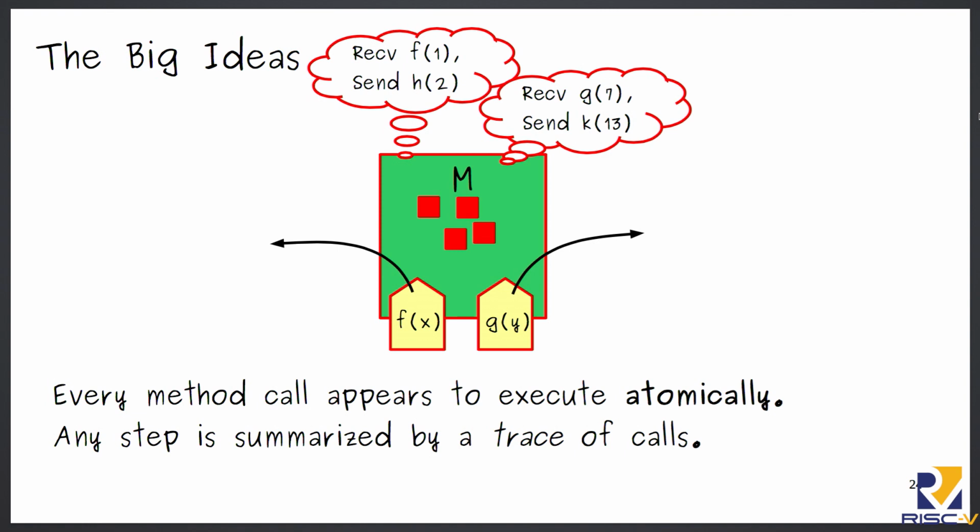Some of them are coming in to this module, so I'll write that as receive, and some of them are going out to other modules, and I'll write that as send. And each method call records the name of the method, the arguments, and the return value. And this is a complete record of all the interaction of this module with the other ones during one of these atomic steps.